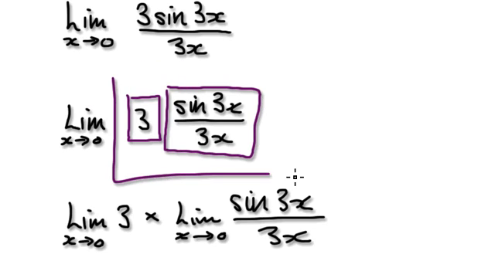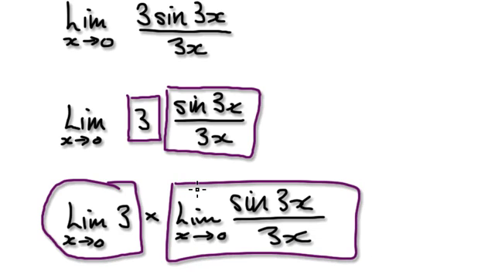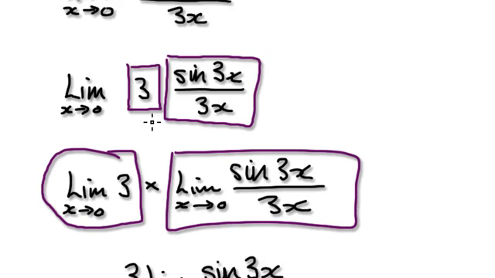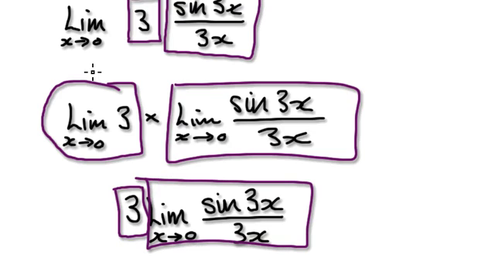The limit of this thing here equals the limit of this times the limit of this. And the limit of 3 as x approaches 0 will always be 3, and then this we will sort out later.